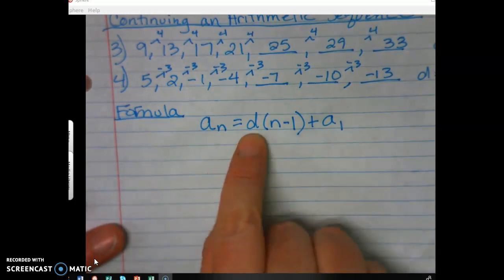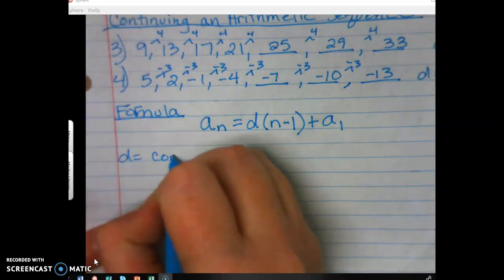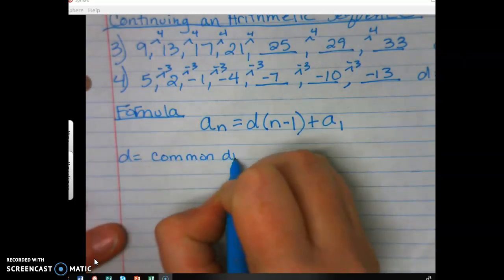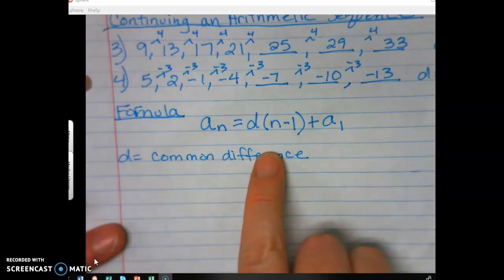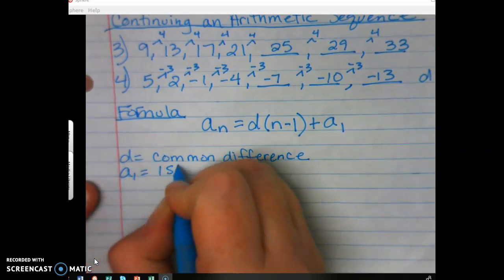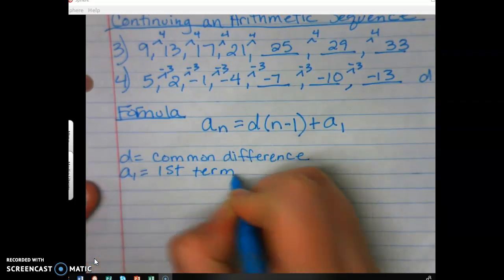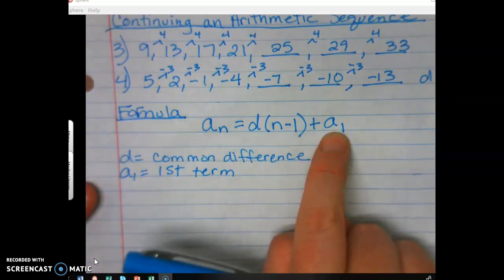Okay, we know D is your common difference. You know, A1 is your first term. Okay, so the very first number that you start with. Okay, so that's this.